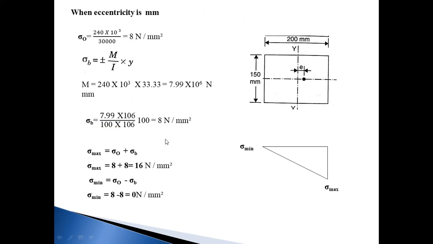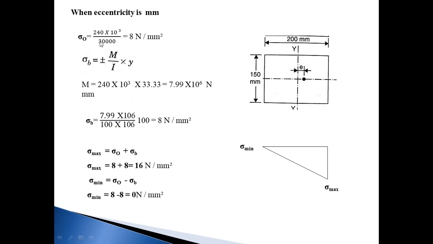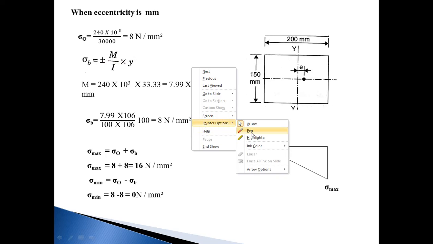Now by using this e, you can calculate the sigma b value, and you can calculate sigma max. Sorry, now this e is equal to 33.33 mm. So sigma 0 is 240 into 10 raised to 3 Newton divided by 30,000, which is equal to 8 Newton per mm square.